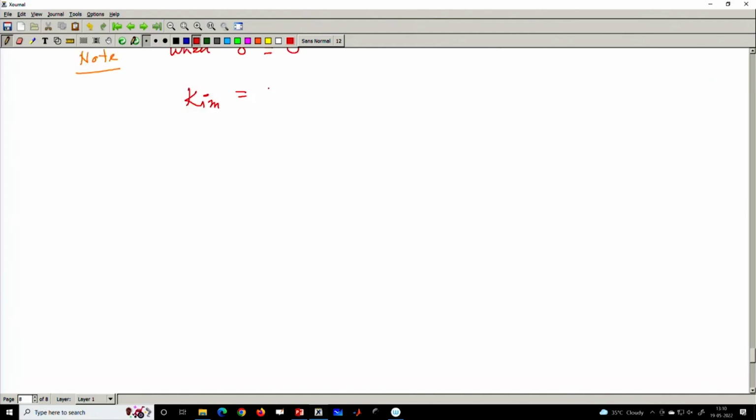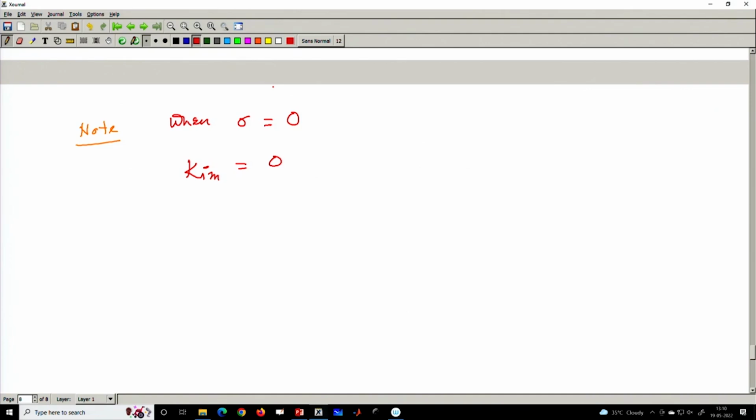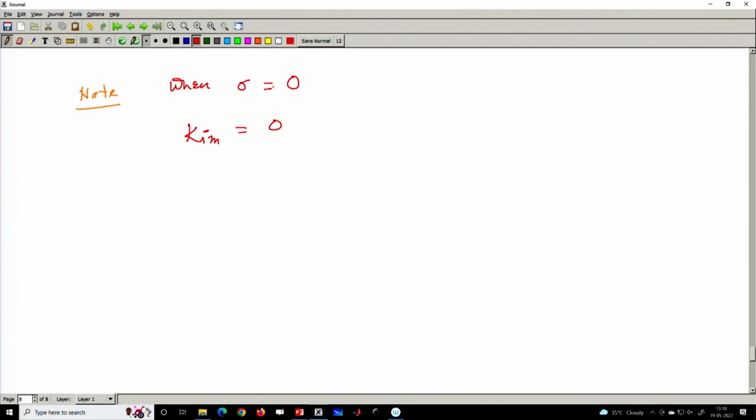So, k imaginary is 0, and so there is no attenuation, and this attenuation is coming only because of the non-vanishing sigma. This conductivity basically gives some sort of attenuation in the electromagnetic wave.